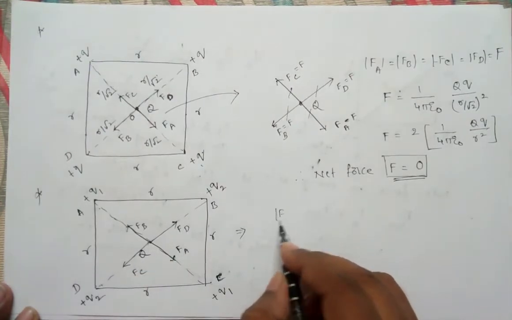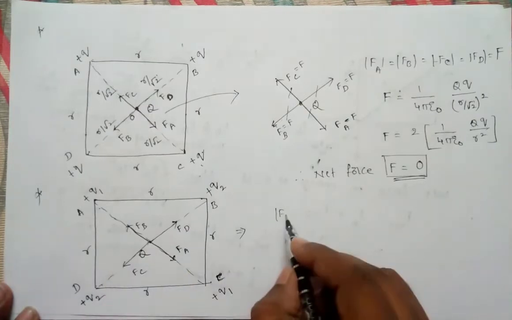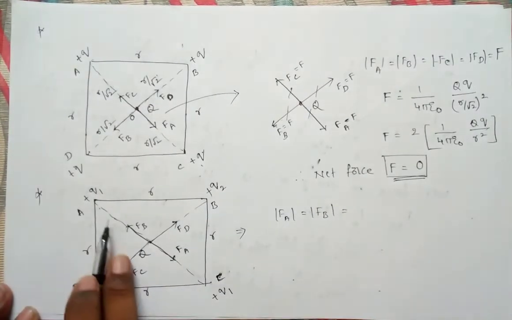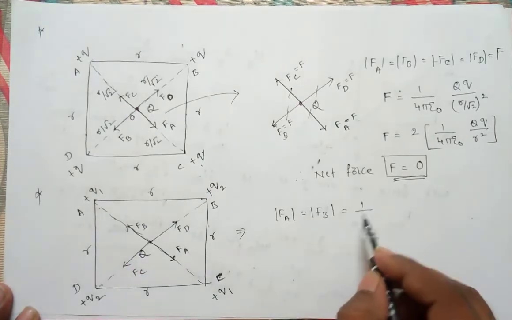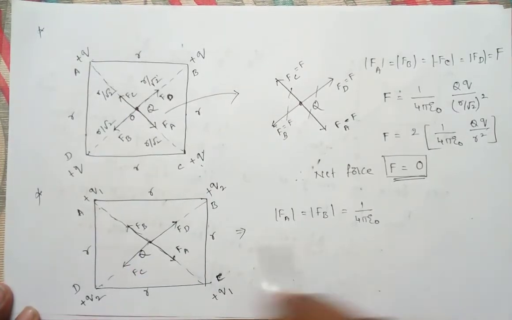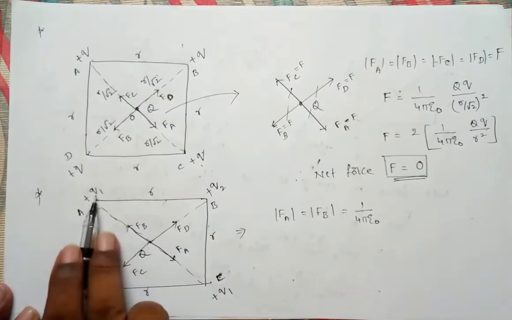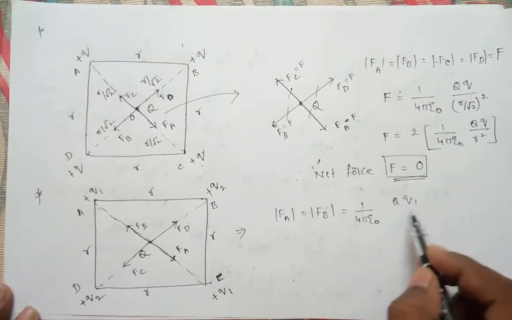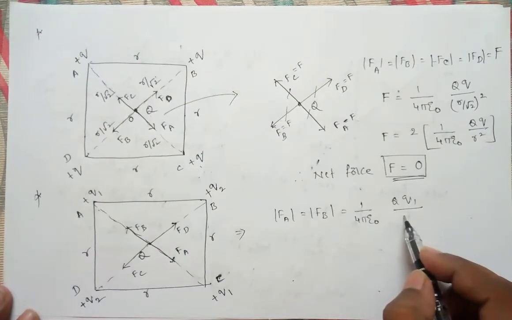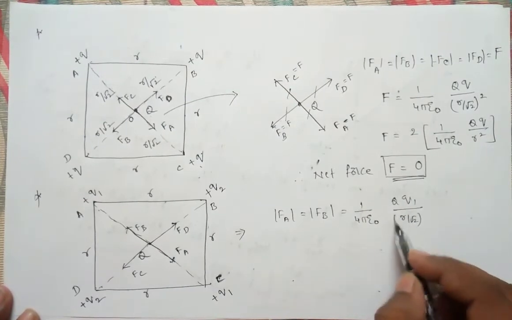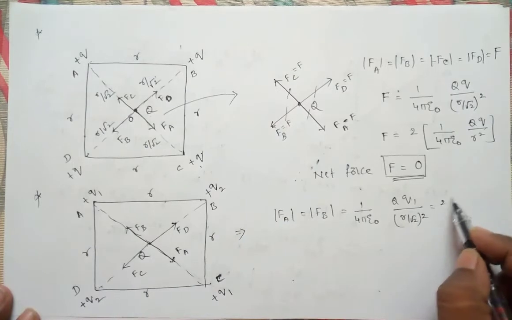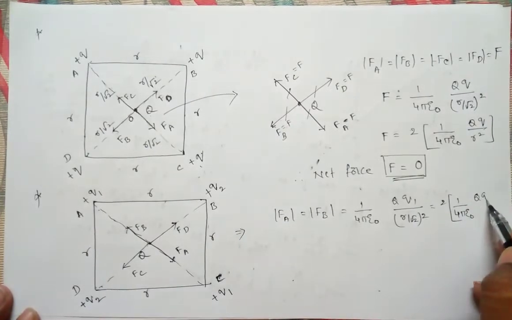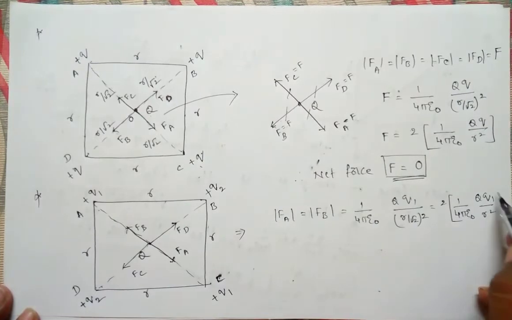FA and FC are equal. The product of charges is capital Q into Q1, so the force is 1 upon 4 pi epsilon naught, capital Q into Q1, by r root 2 whole square. That is 2 into 1 upon 4 pi epsilon naught, Q Q1 by r square.